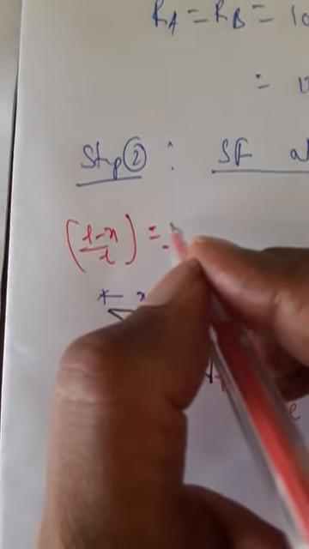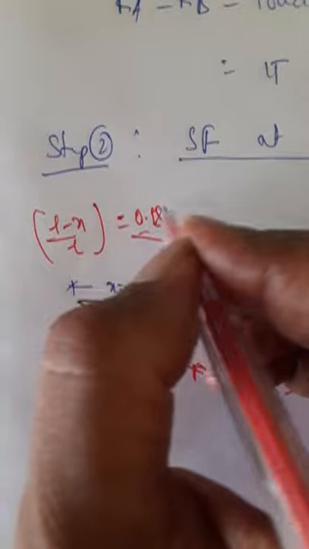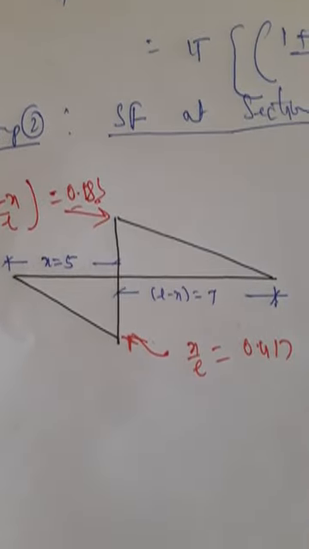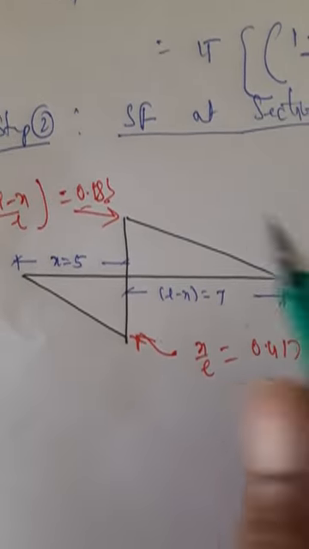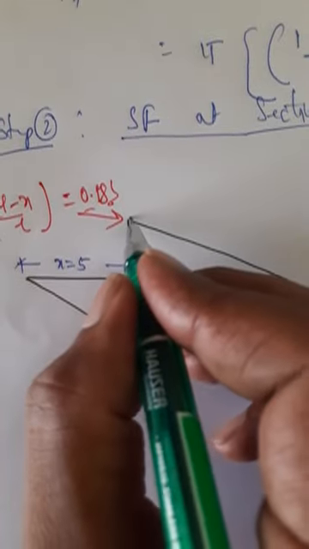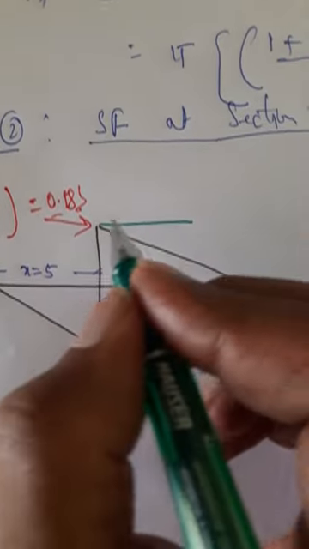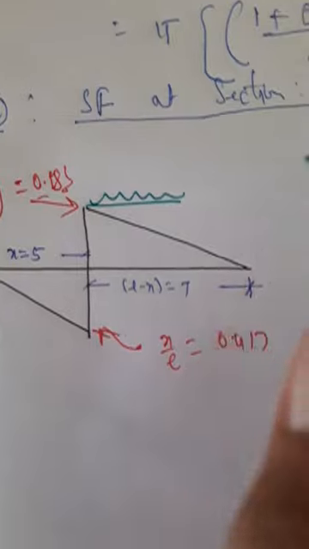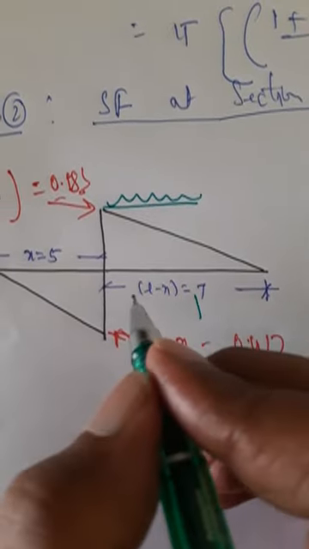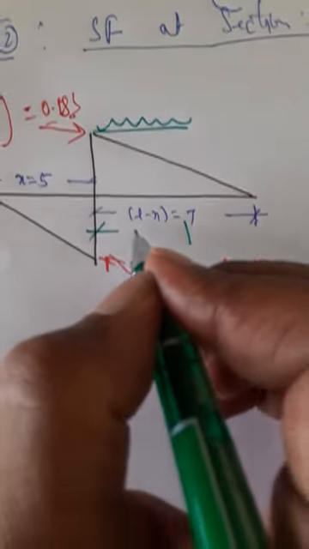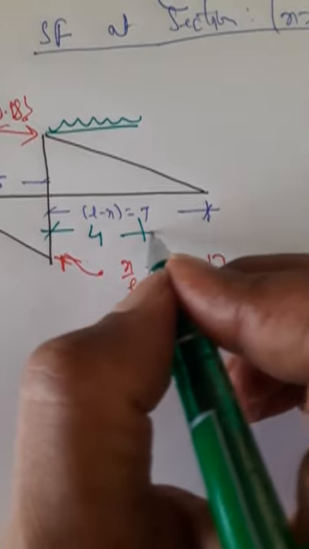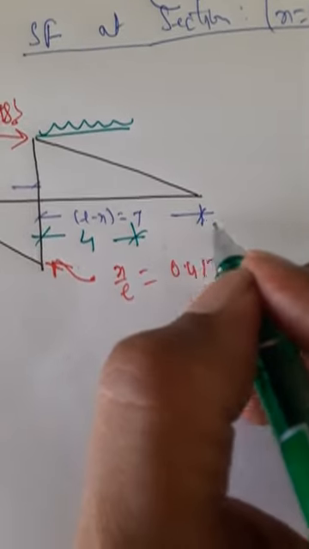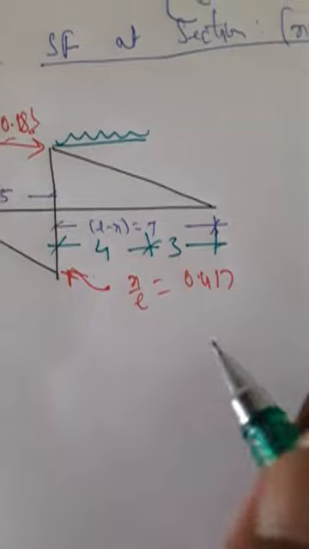So this gives me the value 0.583. Now I have to place the load once towards the right, once towards the left. Towards the right, place it like this. So this dimension is 4, overall is 7, this is 4, it means this is 3.